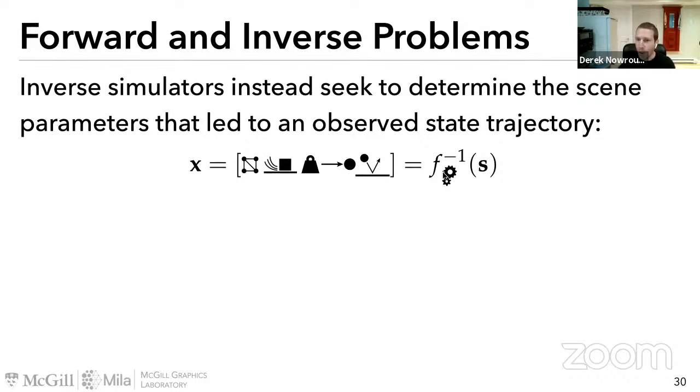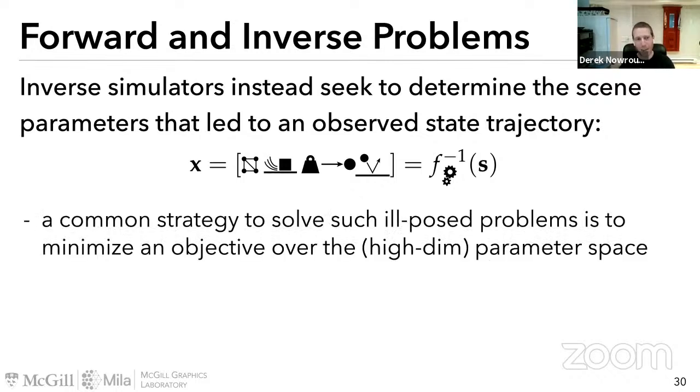That's what the inverse solver does. It takes your state that you've observed and then tries to solve for the inputs of the forward solver. So this is an ill-posed problem, because there's many types of inputs that can lead to the same observed state.